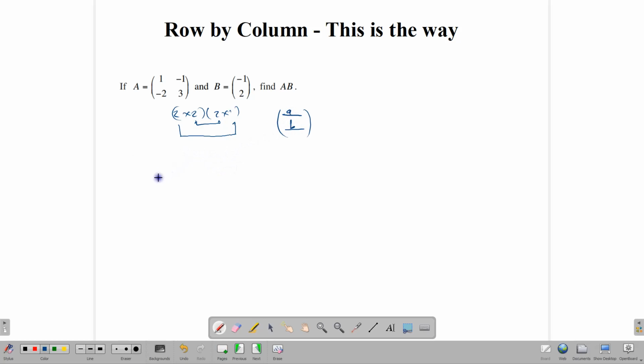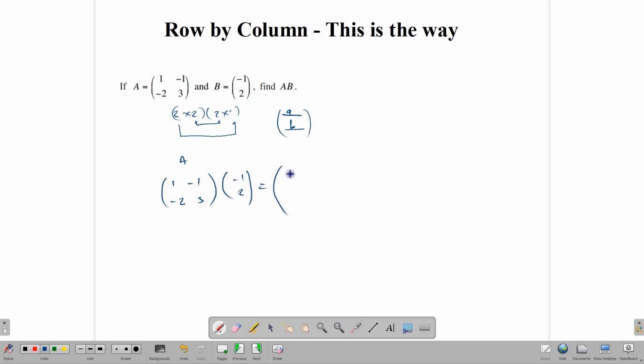So let's multiply. We have AB: matrix A is [1, -1; -2, 3], and matrix B is the column [-1, 2]. What we're going to do is multiply each row by this column.